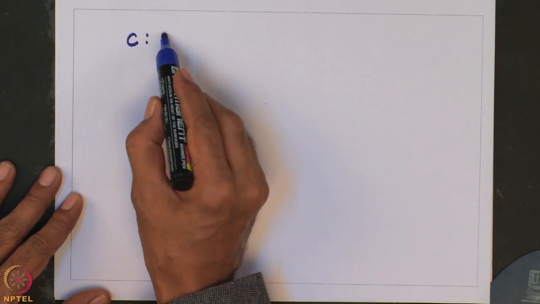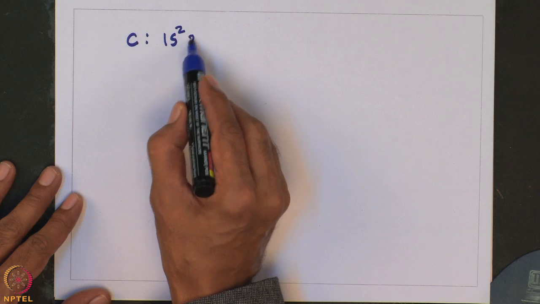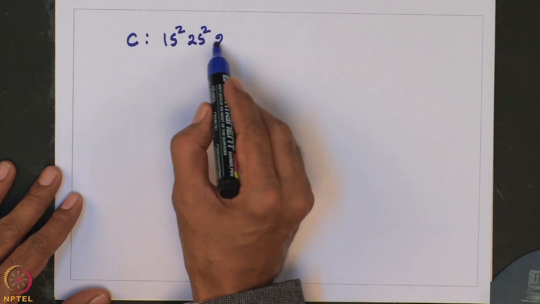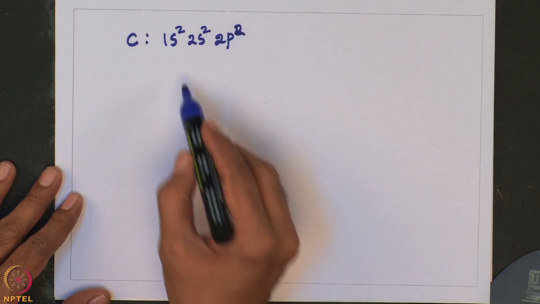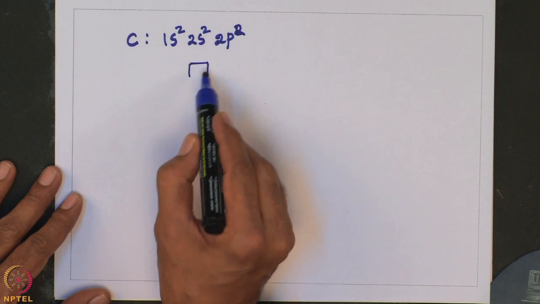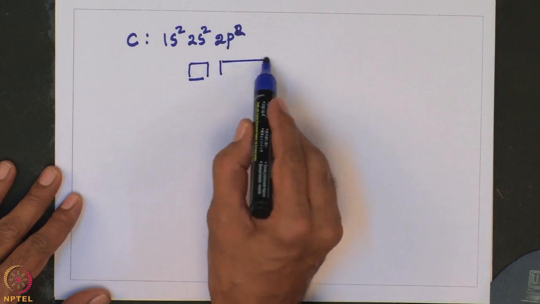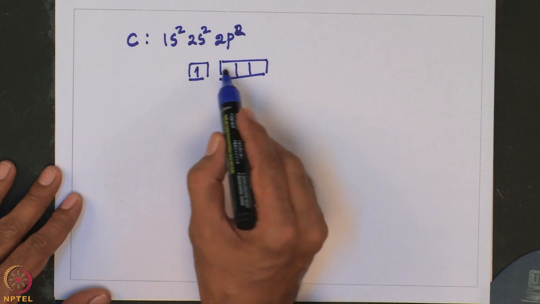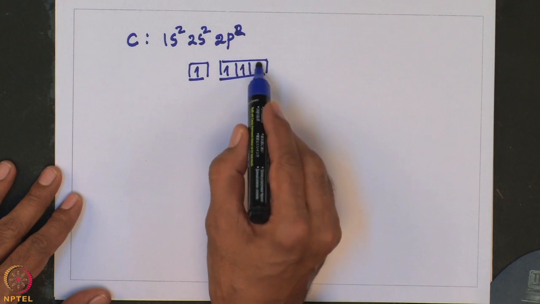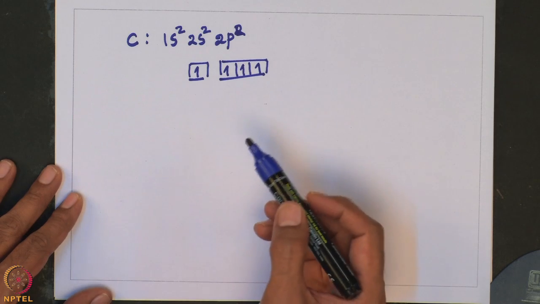Carbon's electronic configuration is 1s2, 2s2, 2p2. Prior to hybridization, one of the s electrons is promoted to the p orbital to give the s1 p3 electronic configuration.